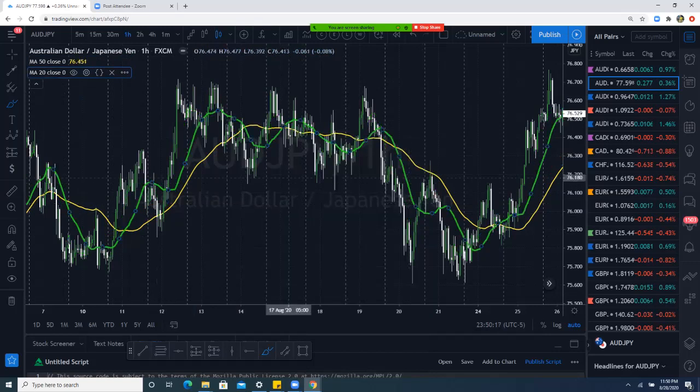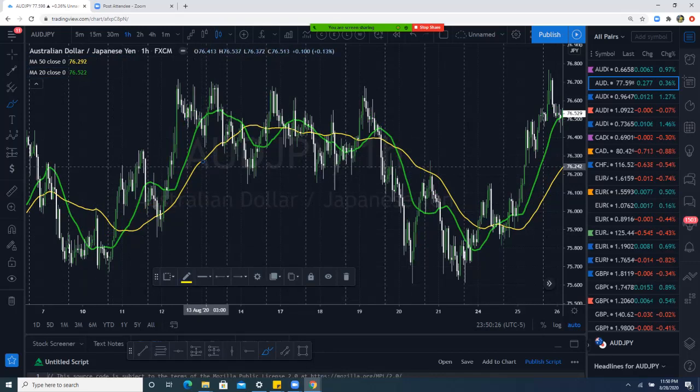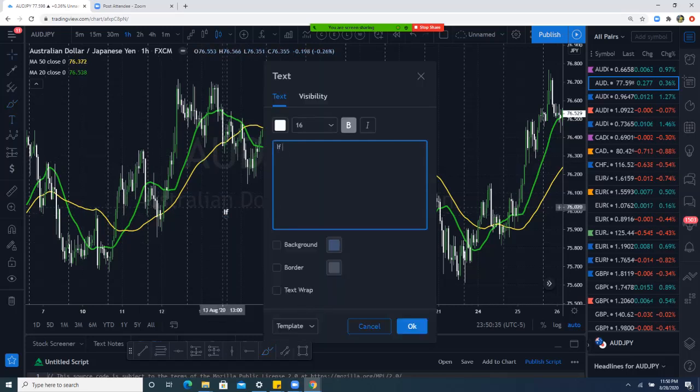So how do you identify when trend is changing, or what the trend is, with the moving average? There's two ways to do it. One is if price is trading above the moving average line, it's an uptrend.